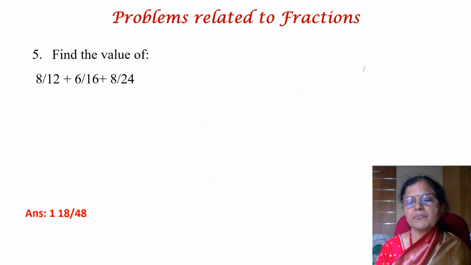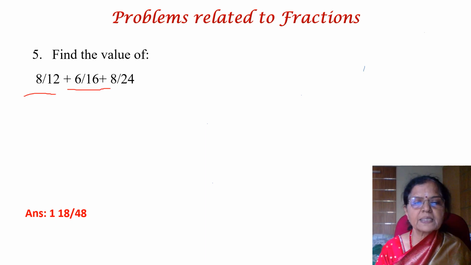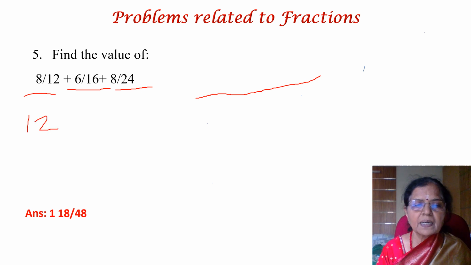Now the fifth problem is find the value of 8 by 12 plus 6 by 16 plus 8 by 24. Three fractions are given and you are supposed to add them. All three are proper fractions. Why? Because the numerator is lesser than the denominator. Now you find the LCM, least common multiple, of all three denominators, 12, 16, 24.